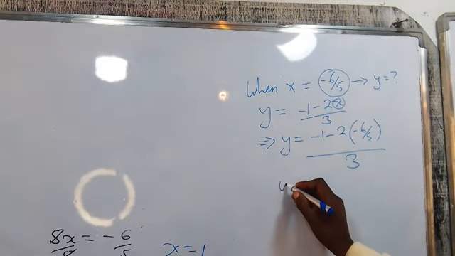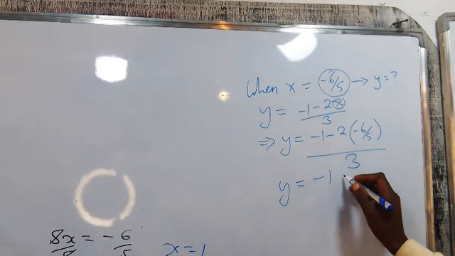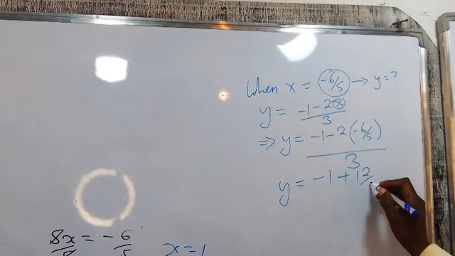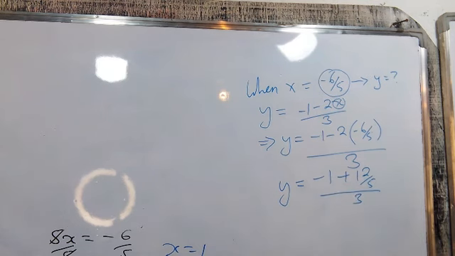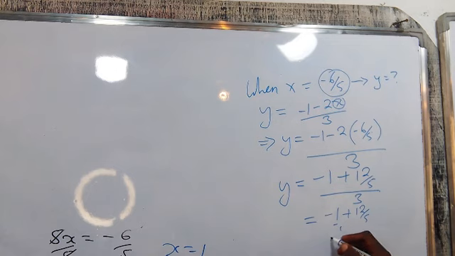Then from there, y equals to negative 1 plus 12 over 5, all over 3. First of all, you simplify negative 1 plus 12 over 5.